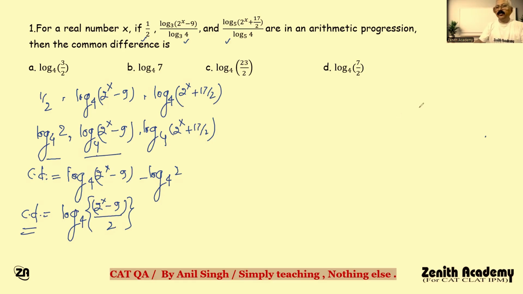For any three terms A, B, C in an AP, twice B is equal to A plus C. I'm going to use this to find the value of x.